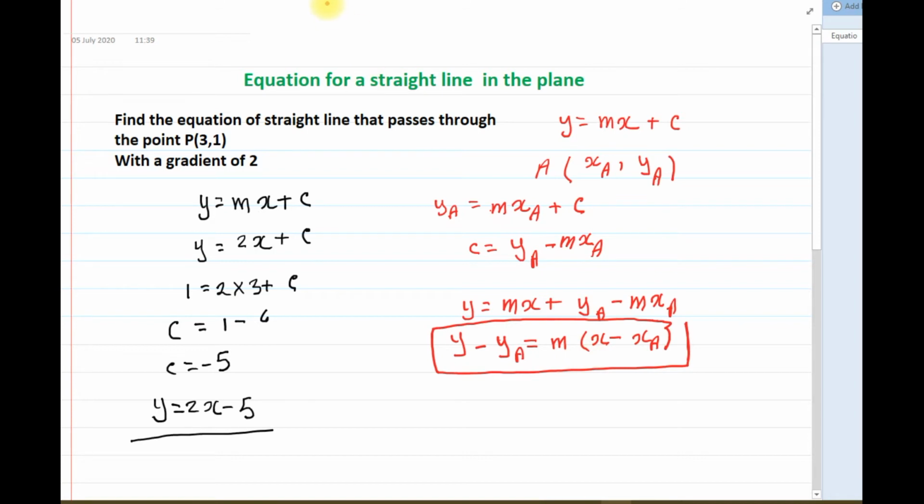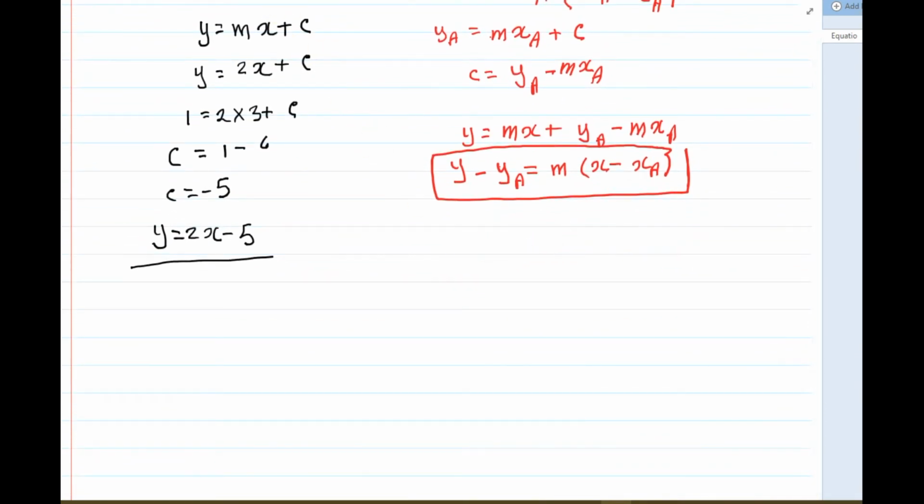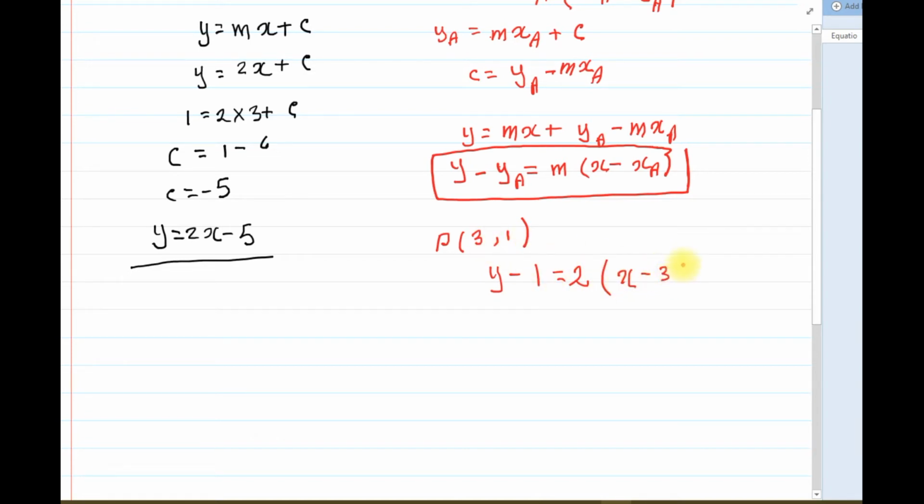To apply this in the case that we have, we know that our line goes through the point with coordinates 3 and 1. The point P has got coordinates 3 and 1. So our equation for the straight line will be y minus 1 is equal to 2, which is our given gradient, times x minus 3.